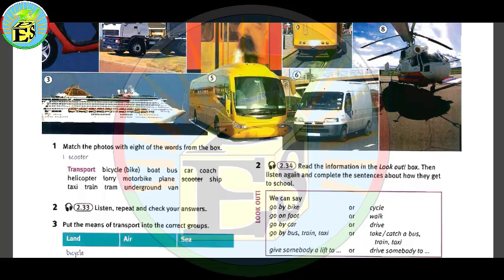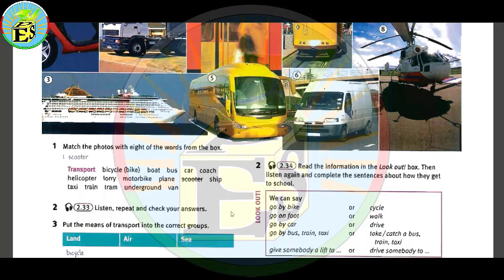So we will divide these words into 3 main groups. The first one is land, the second one is air, and the last one is sea. This means that we are going to put the names of these transportation types in these groups according to where we use them. And it's going to be a very simple thing.